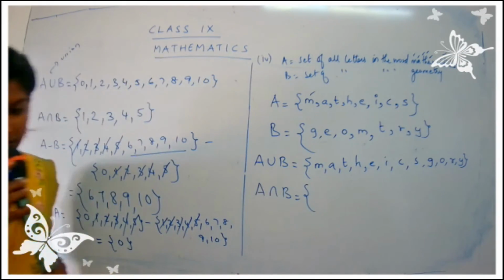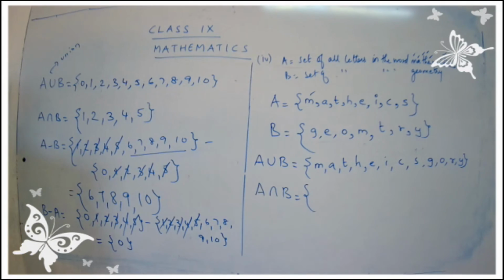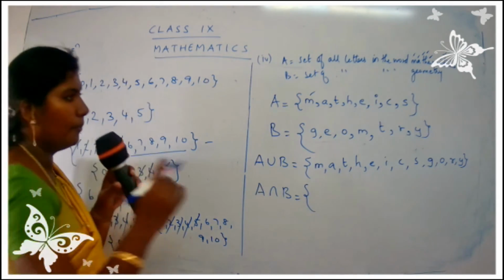Okay. Coming to A intersection B. Write down the value for A intersection B, children. You write it down, I'll do it later on. I give you some time to complete the answer. I hope you would have done A intersection B. What is the meaning of intersection, children? Taking common. Okay, which letter is common?